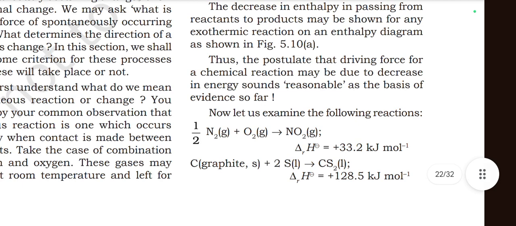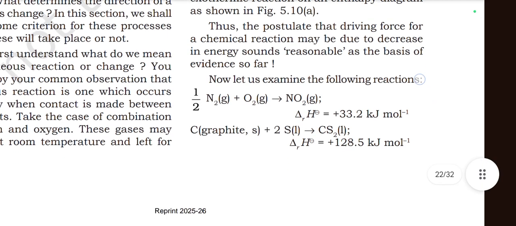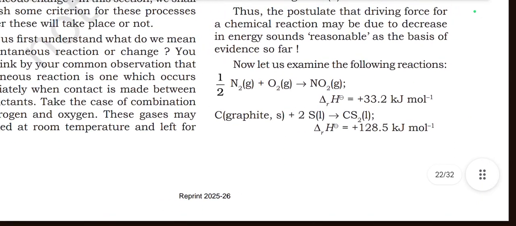The decrease in enthalpy in passing from reactant to product may be shown for any exothermic reaction on an enthalpy diagram. Thus, the postulate that the driving force for a chemical reaction may be a decrease in energy sounds reasonable on the basis of evidence so far.